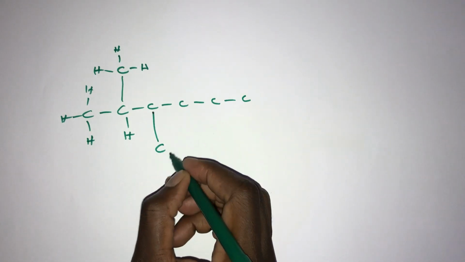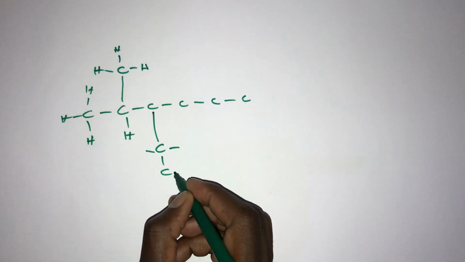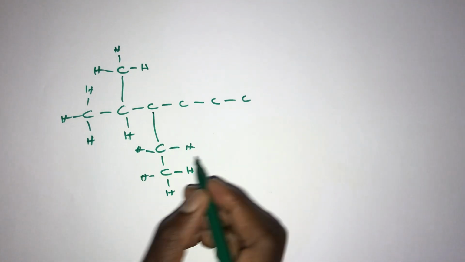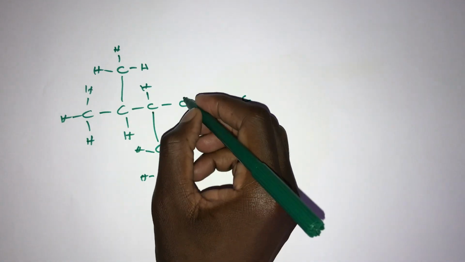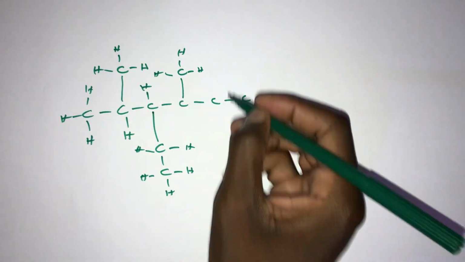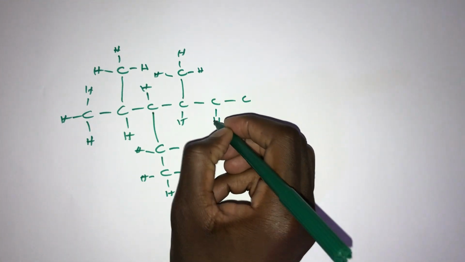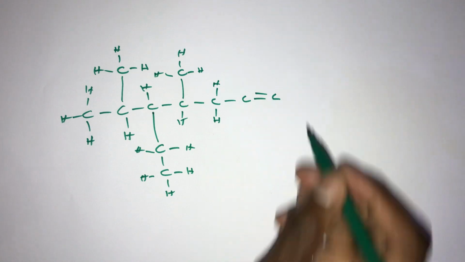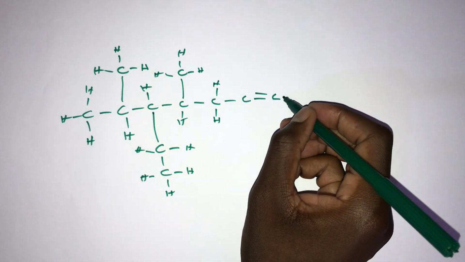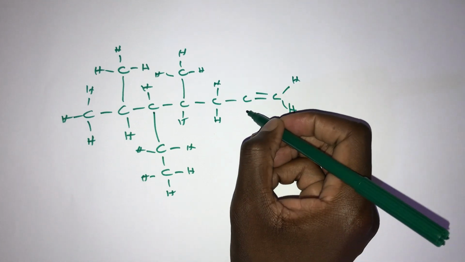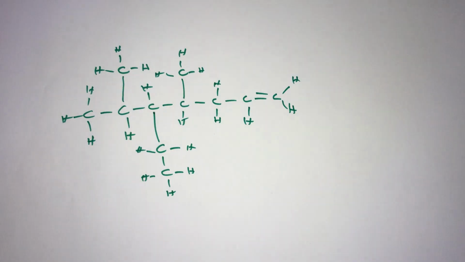We have another branch here which is ethyl. Then another branch here which is methyl. Let's say we have a double bond. All right. So now here is the structure.